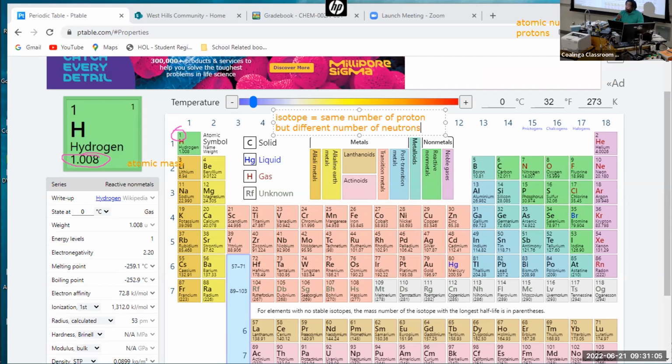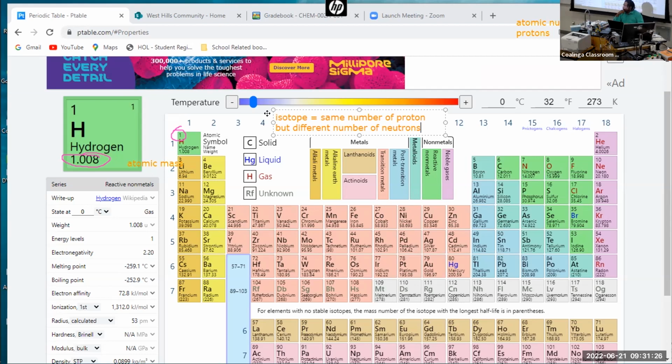Okay, so if I have the same number of protons, but a different number of neutrons for two atoms, we'll say two hydrogen atoms, what does that tell me about the weight of those hydrogen atoms? They're going to be different. So we can also say it's the same number of protons, but different mass, right?